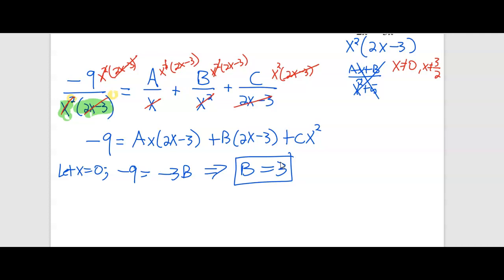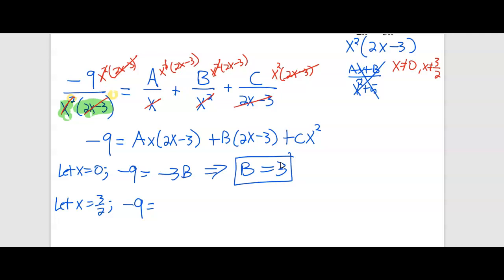Similarly, if I let x equal 3/2, lots of stuff happens. We still have negative 9 on the left. Sometimes the numerator has an x in it as well, and then we evaluate the left side too. In this case, the left side is constant, so it stays the same. Plugging 3/2 into 2x minus 3 makes 0, and 0 times anything else is 0.